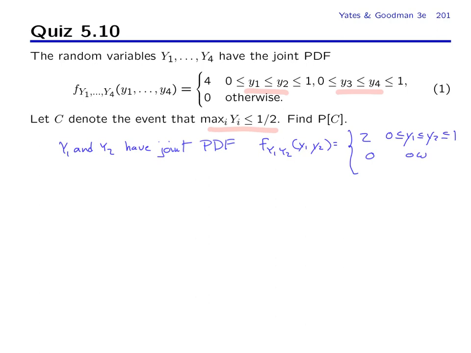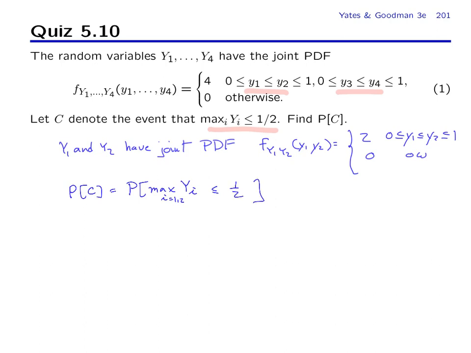Let's find P(C), the probability that the max over Y_i for i equal to 1, 2 is less than or equal to a half.